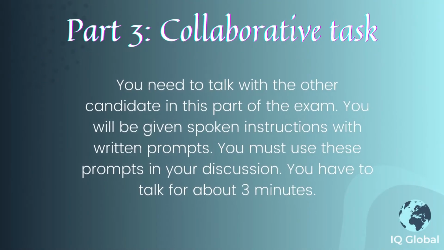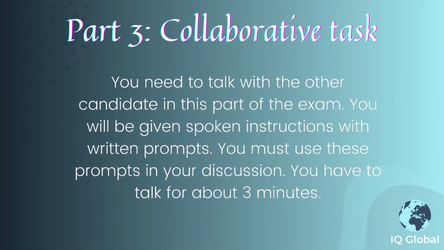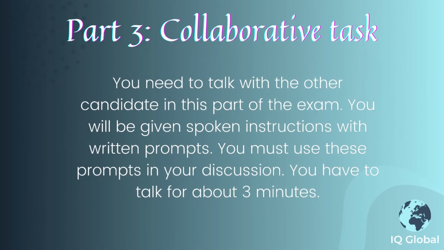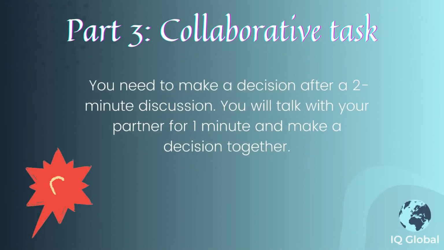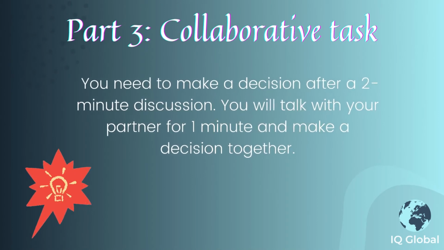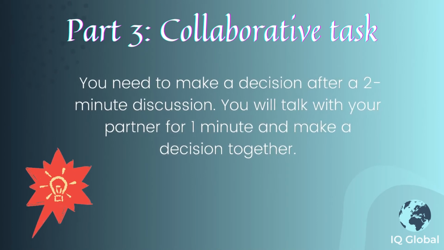Part 3: Collaborative task. You need to talk with the other candidate in this part of the exam. You will be given spoken instructions with written prompts. You must use these prompts in your discussion. You have to talk for about 3 minutes. You need to make a decision after a 2-minute discussion.